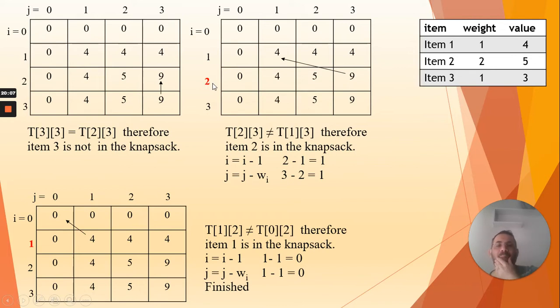After the item is included, we will go up to the upper row, and we will subtract the weight of item 2 from the capacity 3, as we see here. 3 minus 2 equals 1. So we will go to the upper row in the first column that represents weight 1.